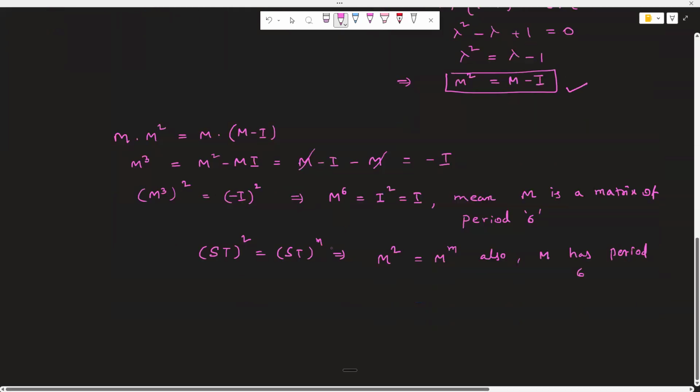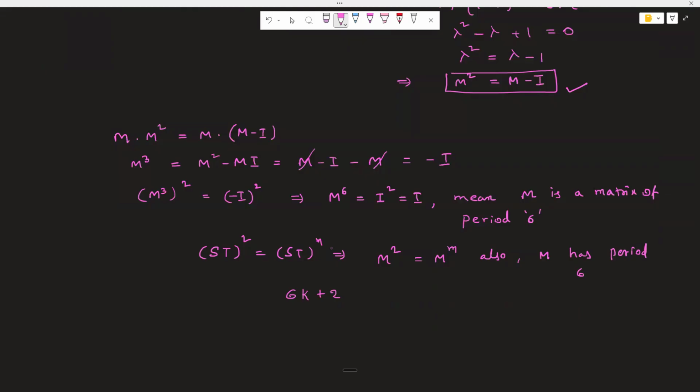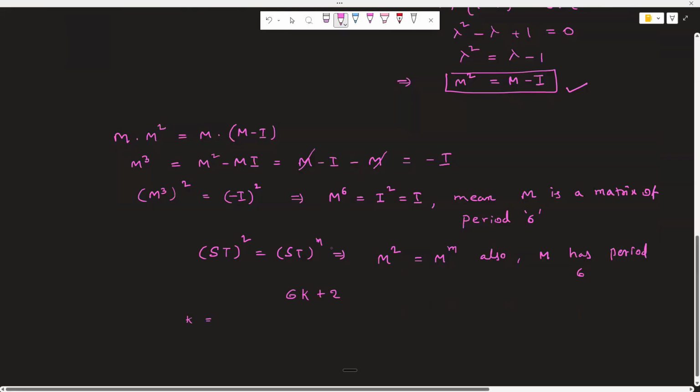So simply we can write 6k plus 2. Okay. And we have to verify whether it is giving proper multiple of 8 or not.